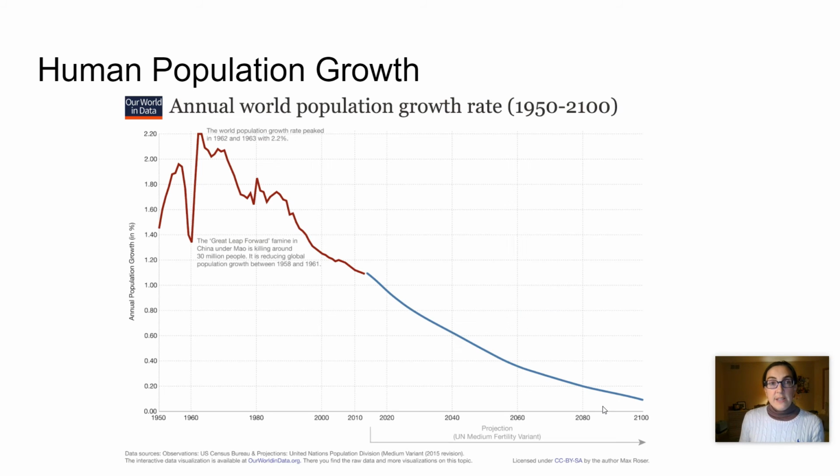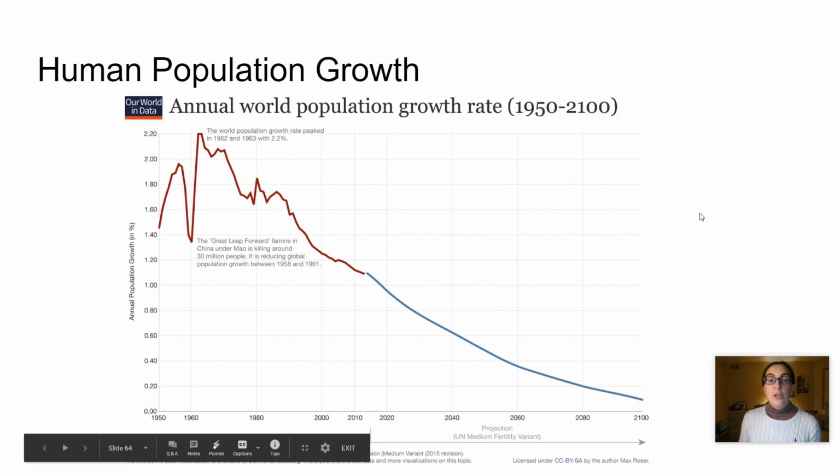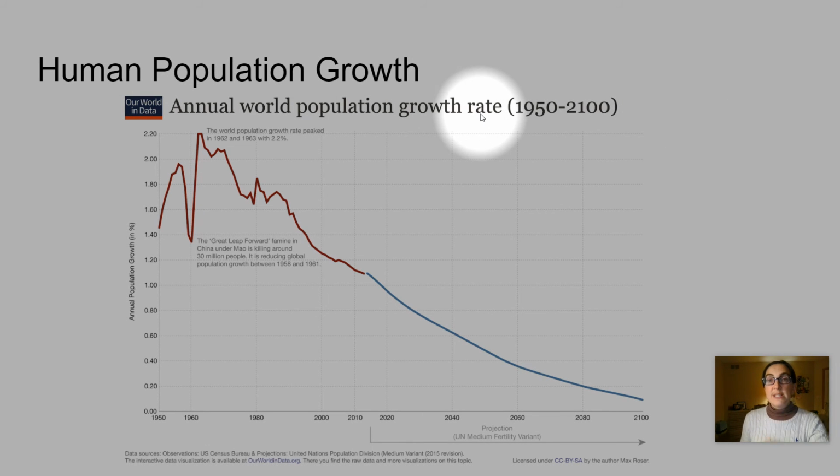The good news is the human population growth rate is actually decreasing. Notice this graph is not showing the size of the human population, it's showing the rate of growth. And so there have been some dramatic changes. You can see there are a couple of big events that happened here, but overall the rate of growth has been decreasing.